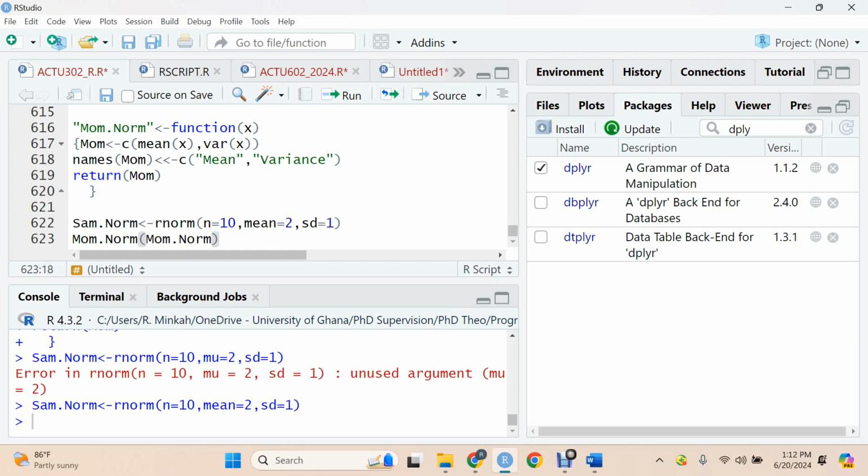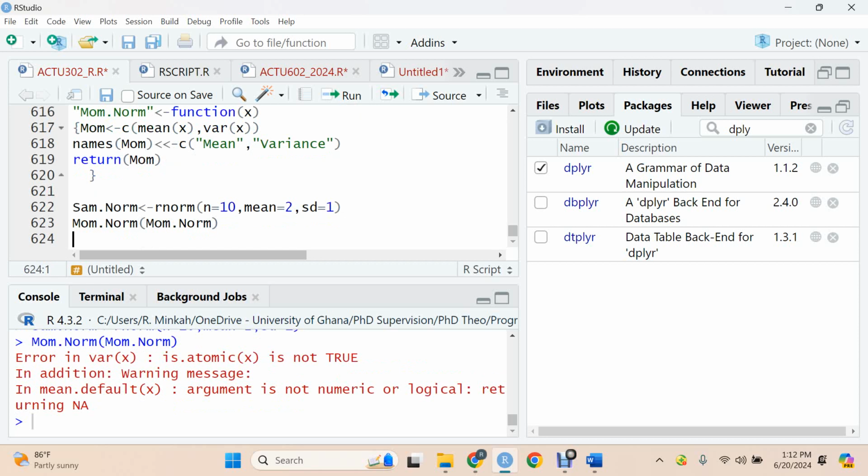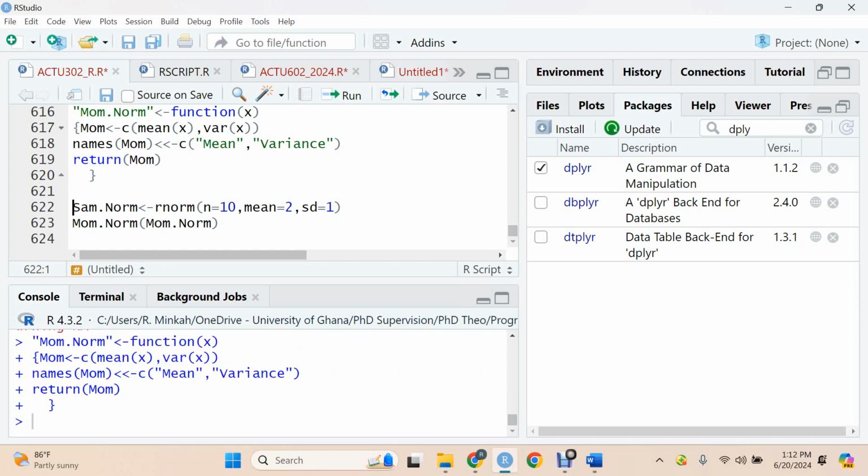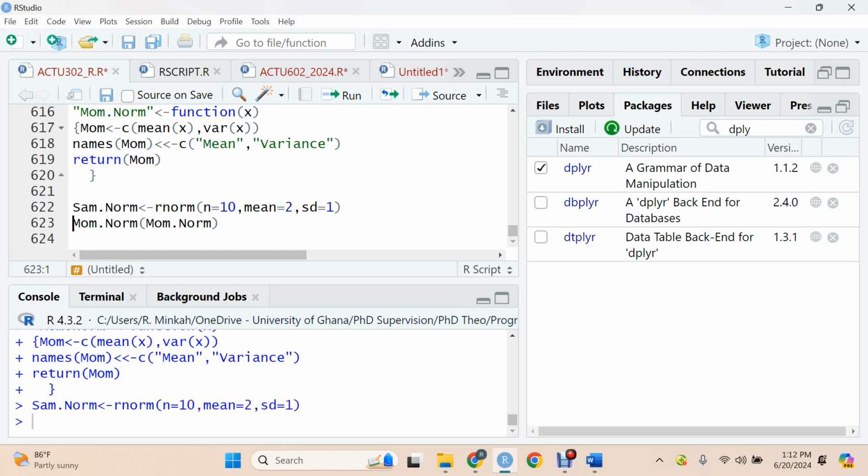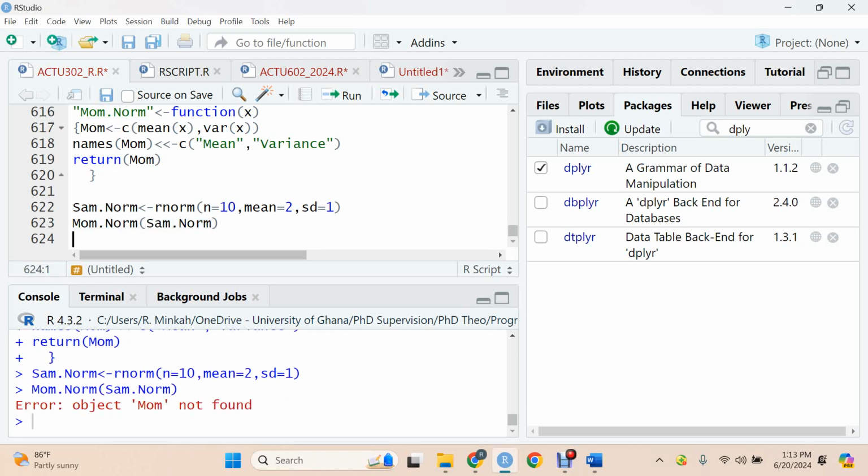I want to now find what's going on? Okay, let's see. It says what? Let me see. Okay. I'm passing the function within the function. Sorry. Okay.